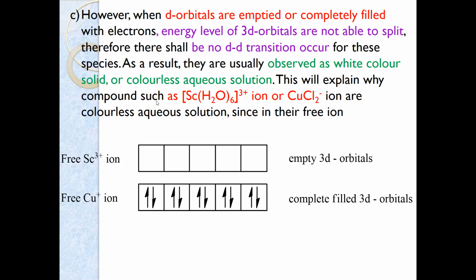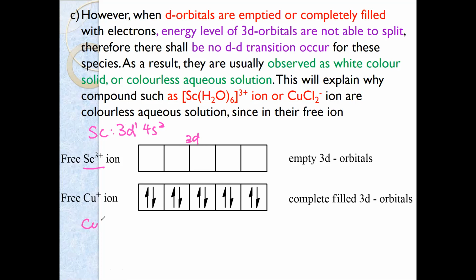So this explains why compounds such as [Sc(H2O)6]3+ or CuCl2- are colorless. In [Sc(H2O)6]3+, scandium is originally 3d1 4s2, so when it forms Sc3+, the 3d is empty.